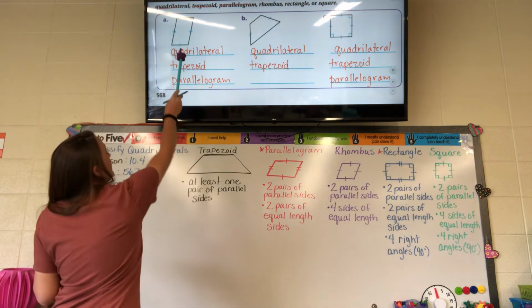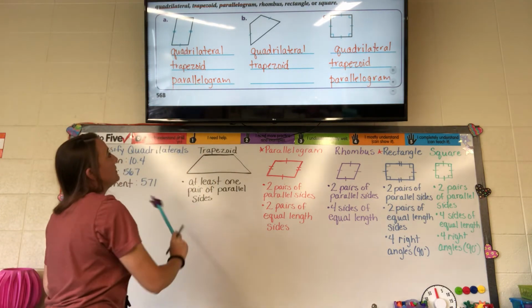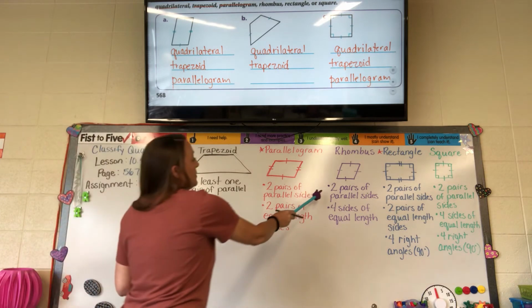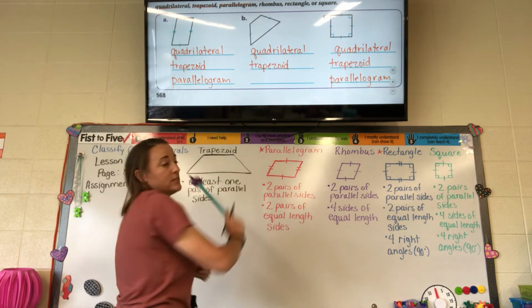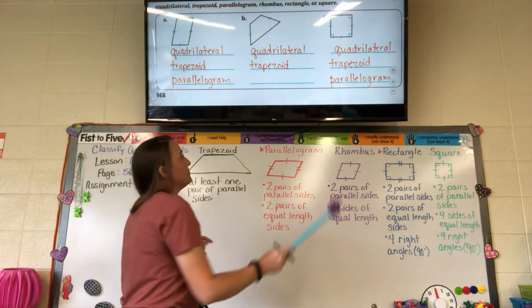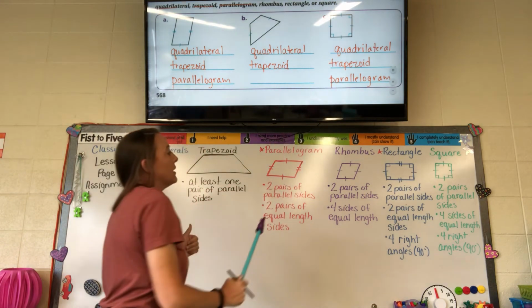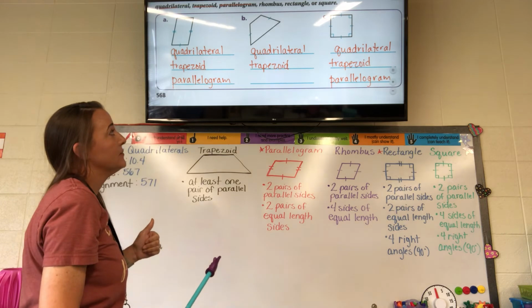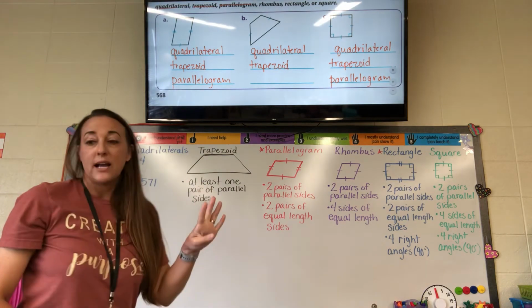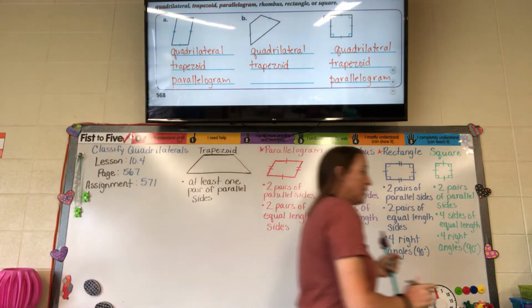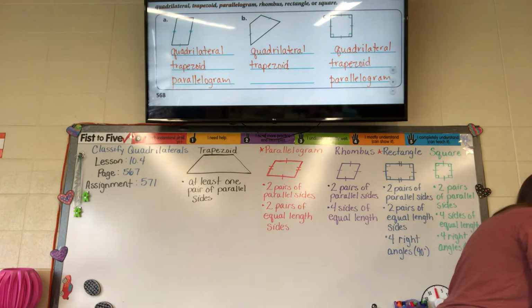So this is not a rhombus. Does this one have two pair of parallel sides? No, it doesn't. It just has one pair. So that one is not a rhombus. This guy has two pair of parallel sides, and it has four sides that are the same length. So our square is also a rhombus.